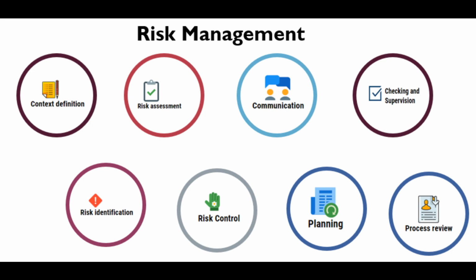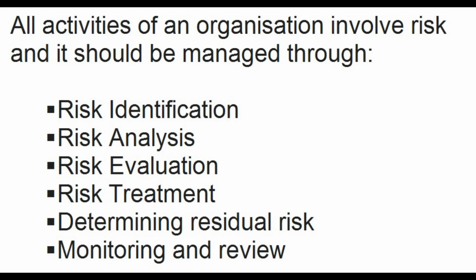All activities of an organization involve risk, and it should be managed through risk identification, risk analysis, risk evaluation, risk treatment, determining residual risk, and monitoring and review. Let's understand all six of them one by one first, and then we will see one example.